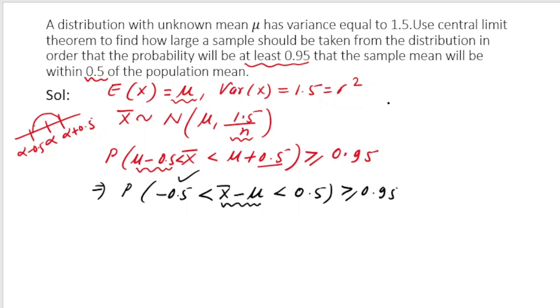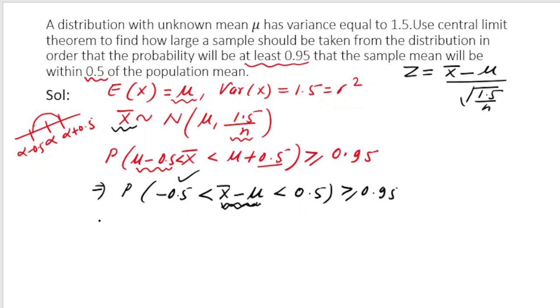Now one thing I want you to understand: if you recall the standard normal variate, it can be calculated using this formula. If I am considering that x bar is the normal variate, then x bar minus mu divided by the standard deviation, which is the square root of 1.5 by n.